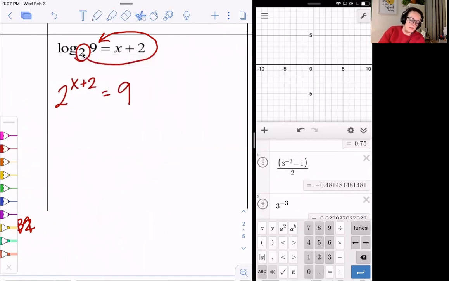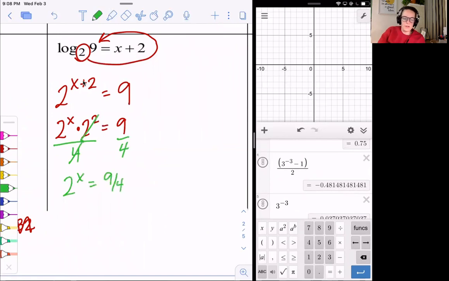The more complicated way: I know that when exponents are being added, I really have 2 to the x times 2 squared equals 9. I'm going to divide by that 4 on both sides. That gives me 2 to the x equals 9/4. But then I have to say, okay, I'm still estimating here. This is not going to be a helpful direction for me. So I'm going to go back to the drawing board.